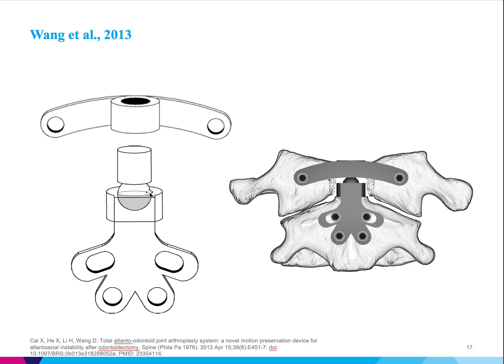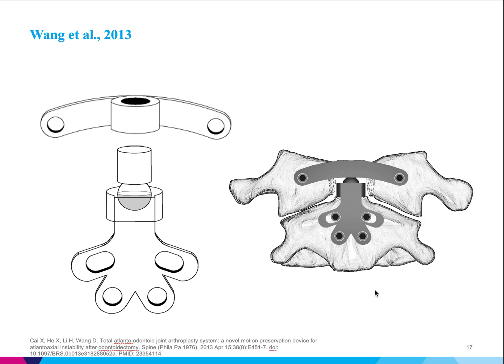Okay, it still also helps to prevent C1-C2 subluxation. Now, these three designs require an anterior approach, which has significant morbidity and a substantial learning curve for most surgeons. An anterior approach in this area is not a routine procedure.